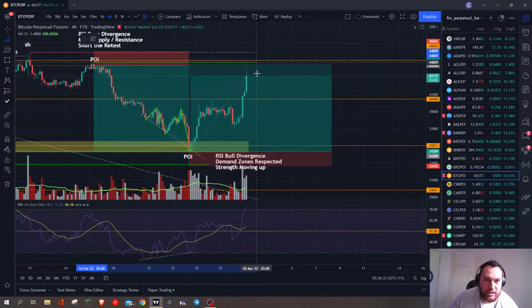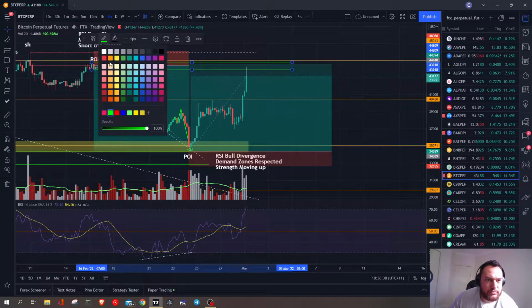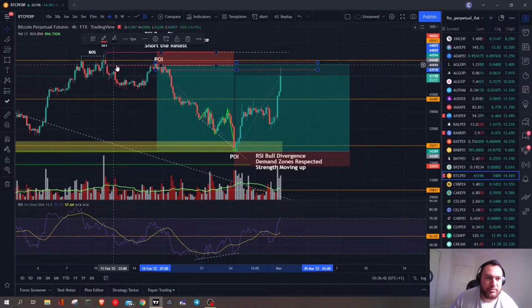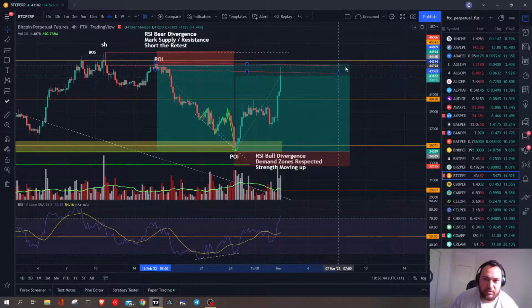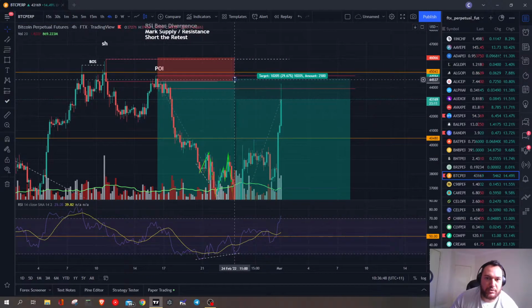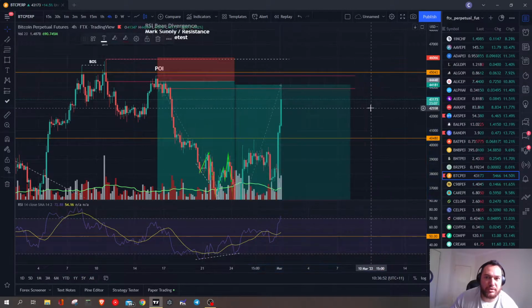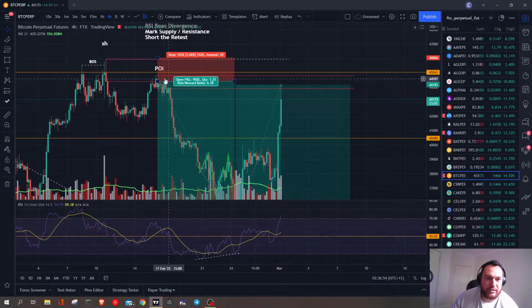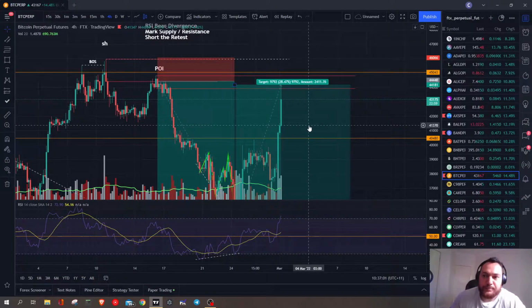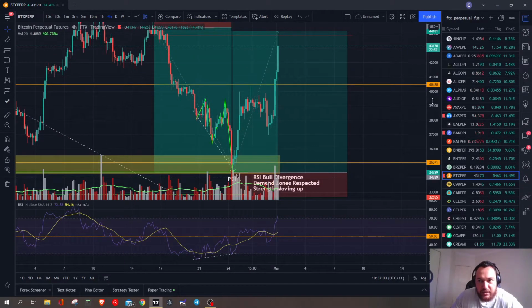So this is called the offspring, which just means that it's the offspring of the main supply zone. So instead of aiming for this supply zone, you aim for the offspring, somewhere in the offspring of this supply zone. So there you've got a greater chance of getting your profits taken, which I did take.